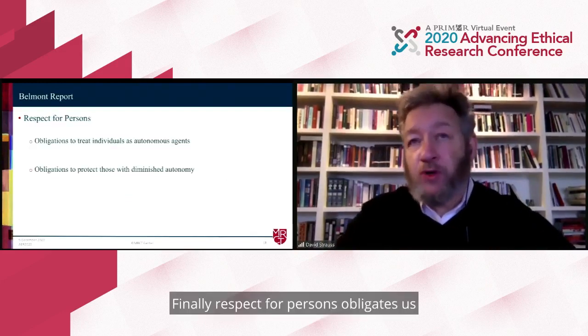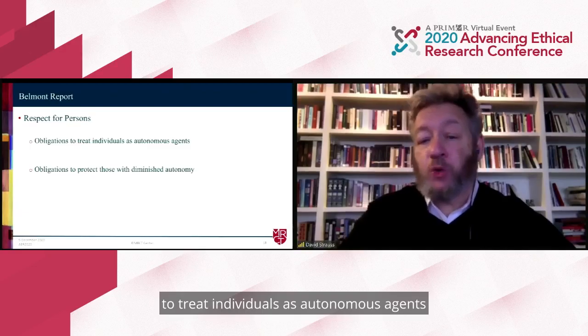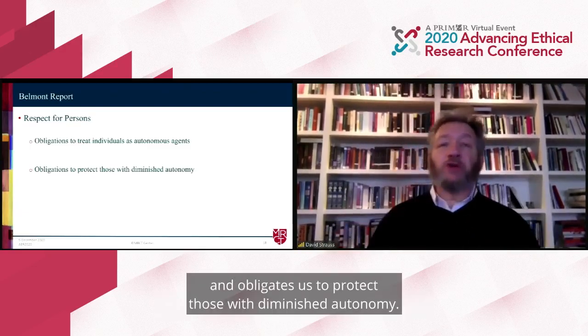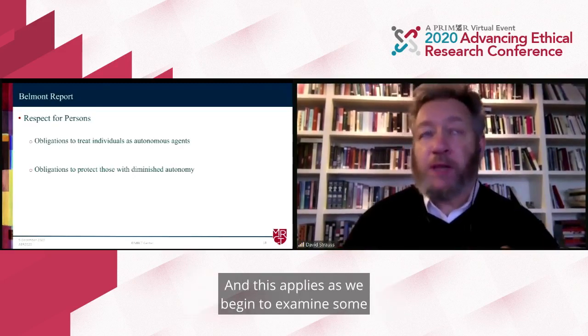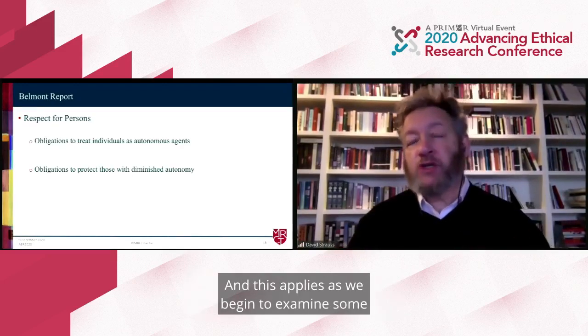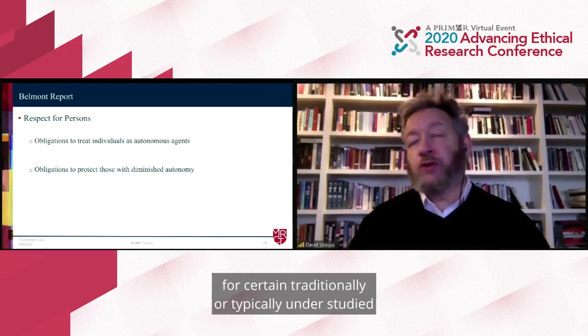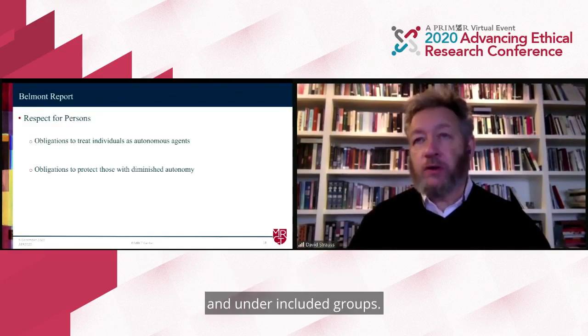Finally, respect for persons obligates us to treat individuals as autonomous agents and obligates us to protect those with diminished autonomy. And this applies as we begin to examine some of the common impediments to research participation for certain traditionally or typically understudied and excluded groups.